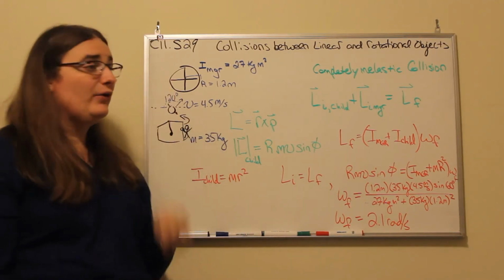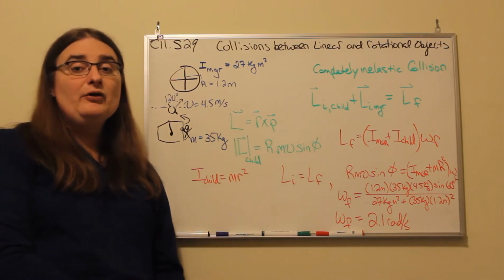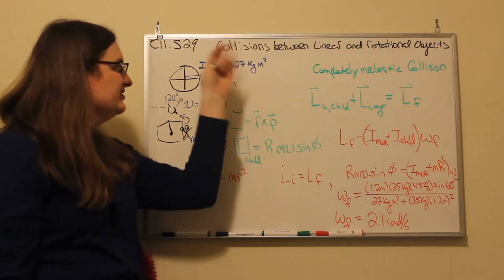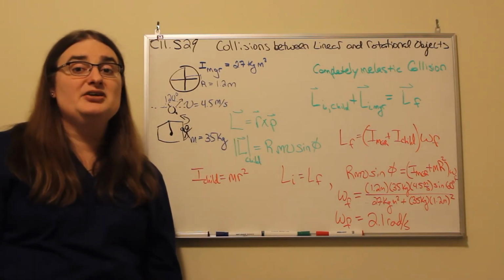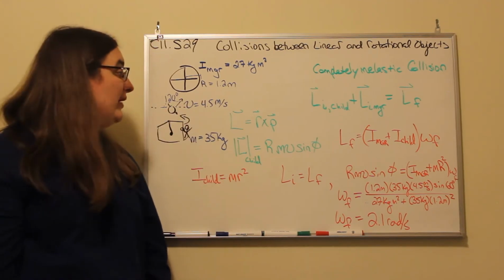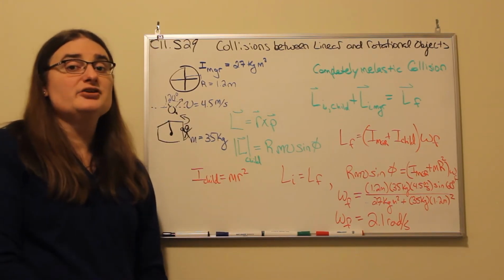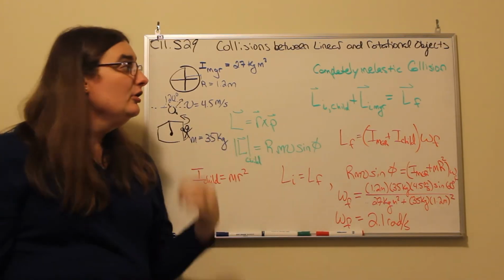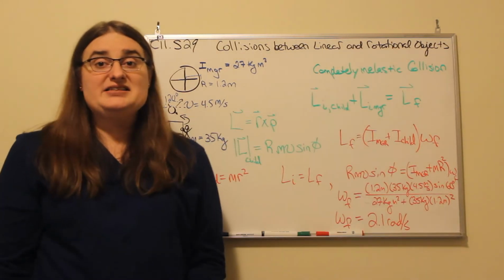So for our merry-go-round, it has a built-in rotational inertia based on its mass, its shape, its size of 27 kilogram meters squared. And the outer radius of that merry-go-round is 1.2 meters. So if the child grabs onto the merry-go-round, we have a completely inelastic collision.